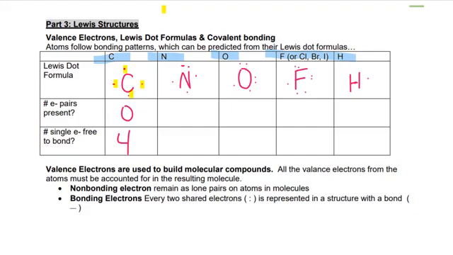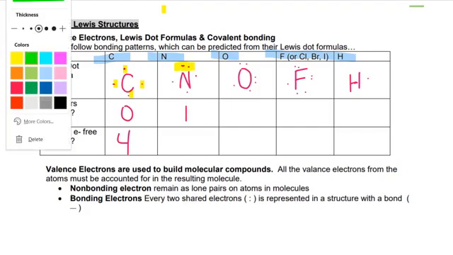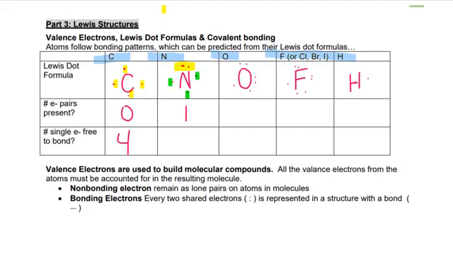So now let's look at nitrogen. Notice that right up here is my only electron pair present. So I have 1 electron pair, and then these 3 electrons are single. So I've got 3 electrons that want to bond.